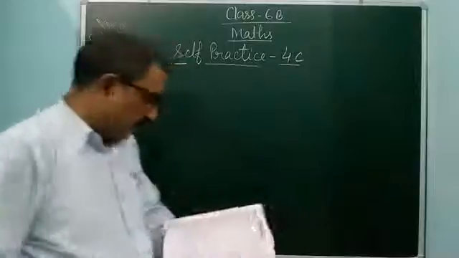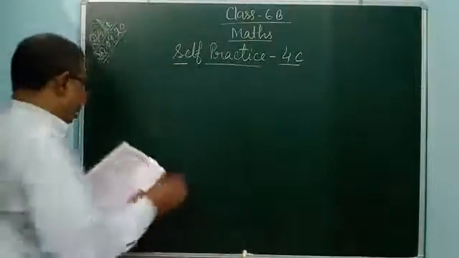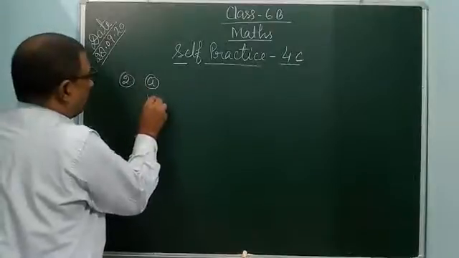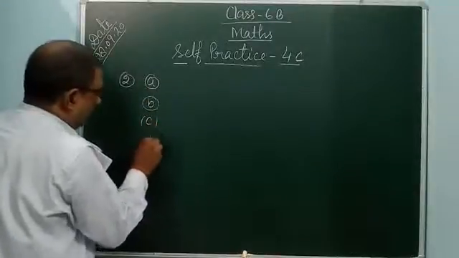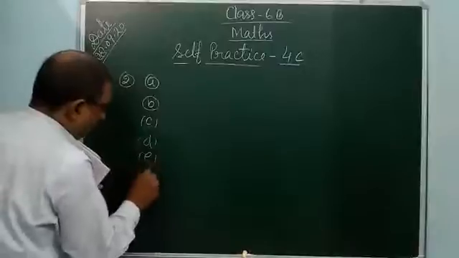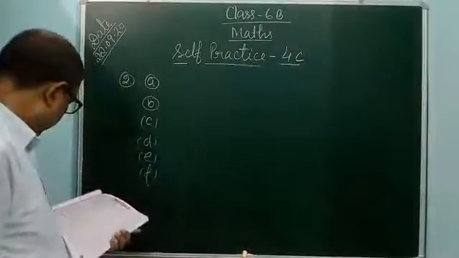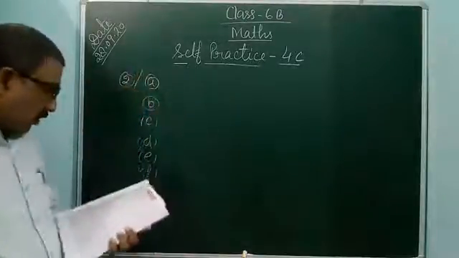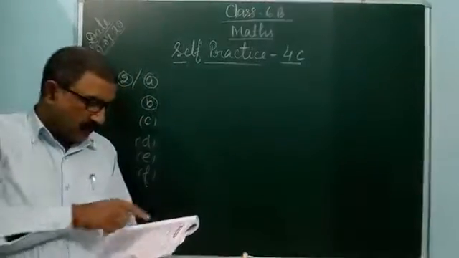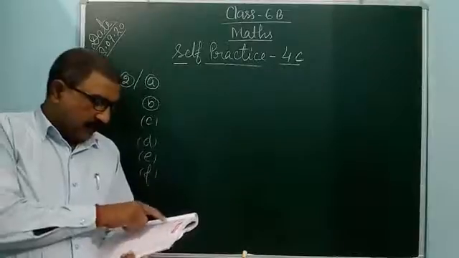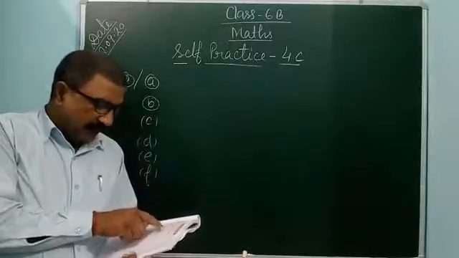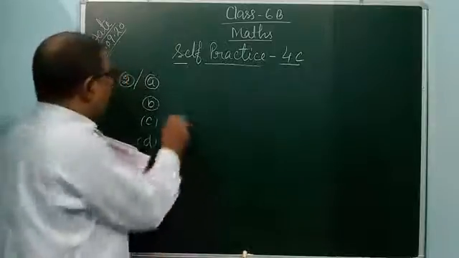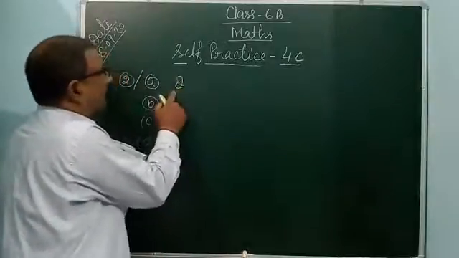In second A, it is given 5 plus 3, from 0 to 5 and plus 3. Both are positive. So 5 plus 3 will be 8. 8 or plus 8, same thing.